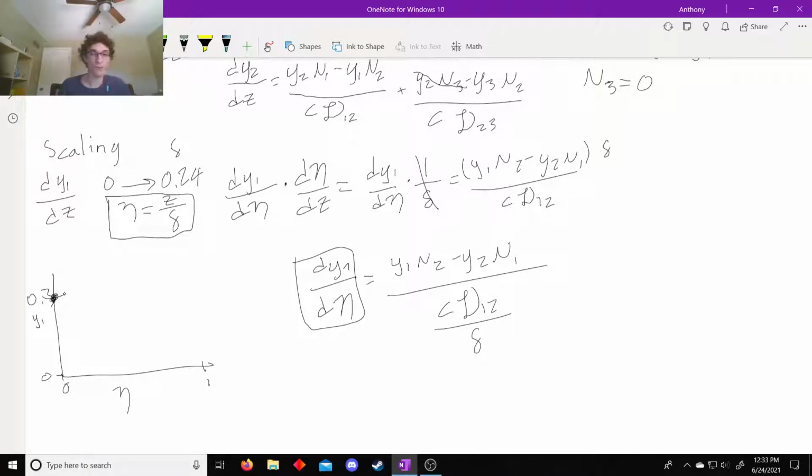We know that when eta is 1, the mole fraction is 0 because it's completely air. So we're going to estimate what this line looks like, and that should be a straight line. Since we're estimating, we can say it's a straight line.